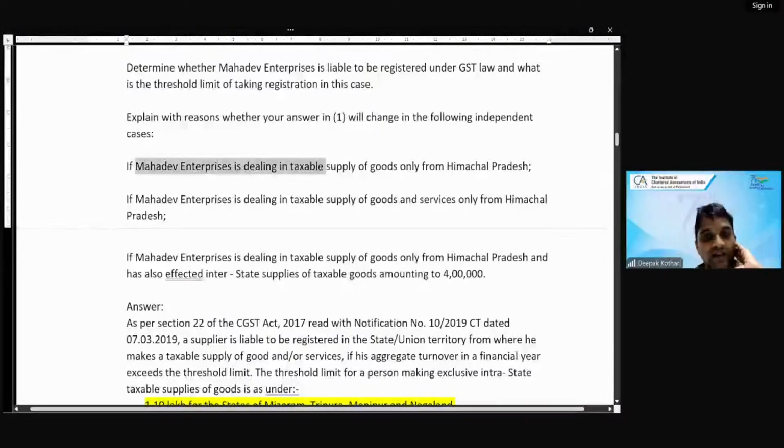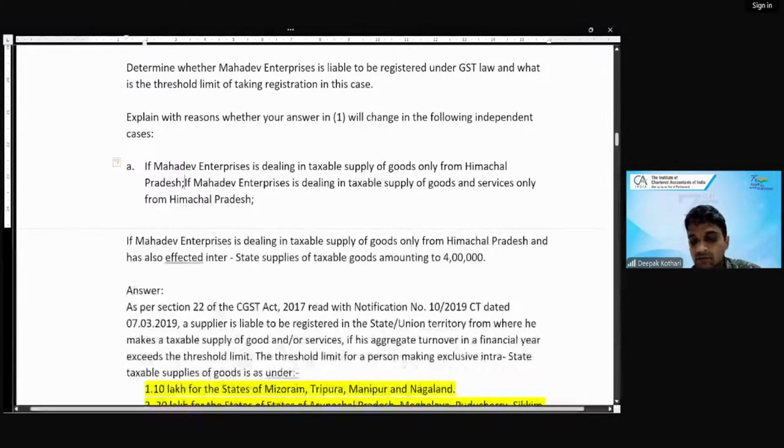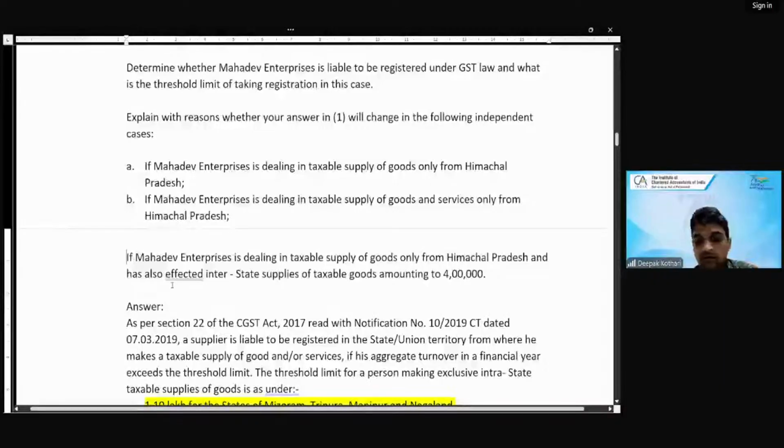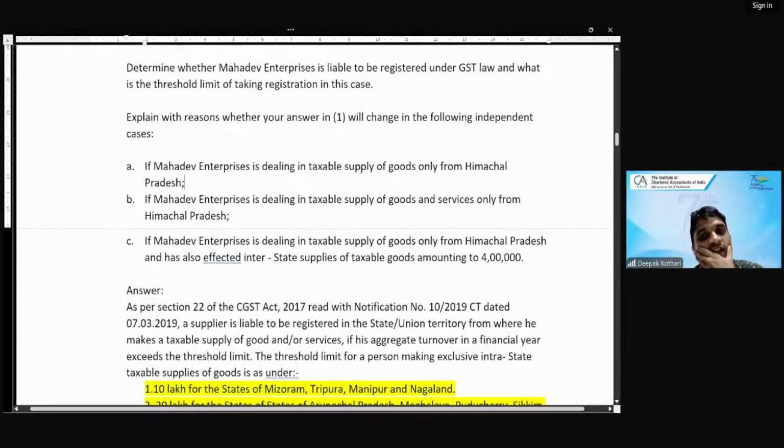If Mahadev Enterprises is dealing in taxable supply of goods only from Himachal Pradesh. If he's dealing in taxable supply of goods only from Himachal Pradesh.